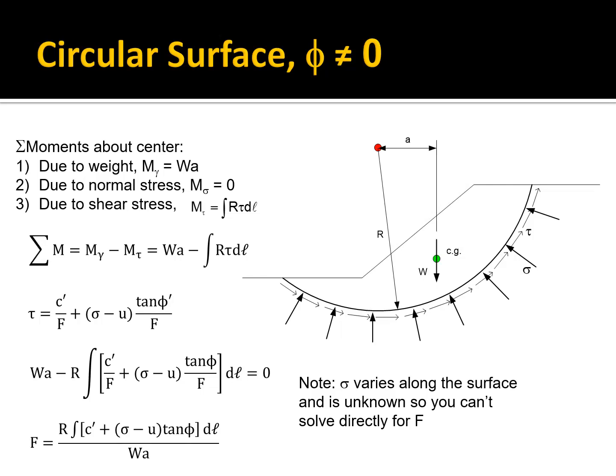Could you come up with a way of slices to use this? You could, but generally there are other techniques that we use when we apply the method of slices to solve this. The Swedish method is pretty much always applied for phi equals 0, but theoretically this is the equation that would apply if phi is not equal to 0.